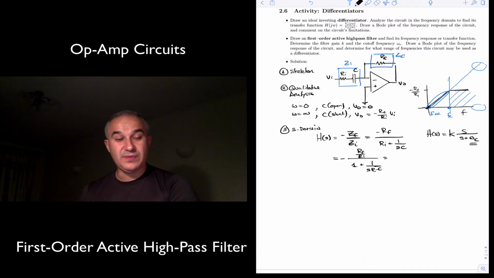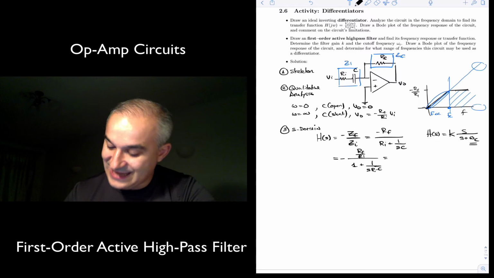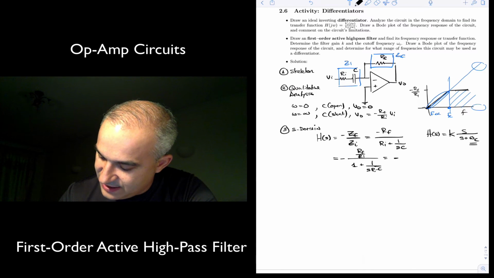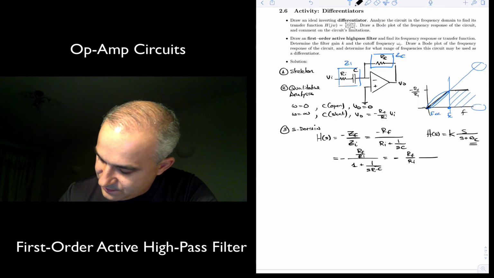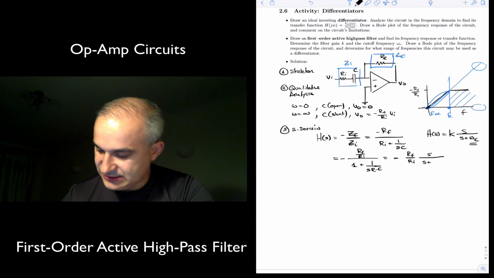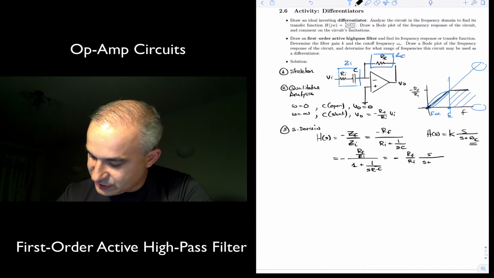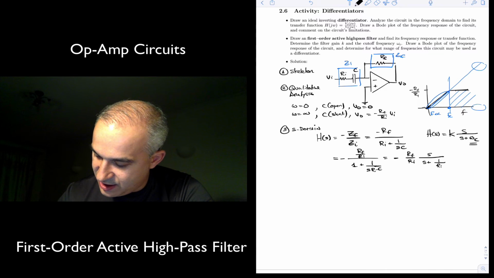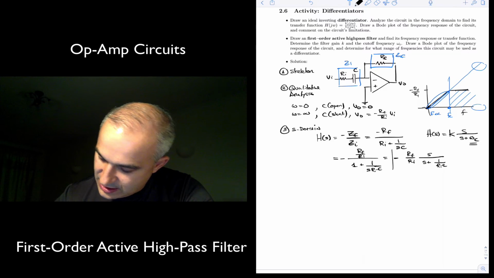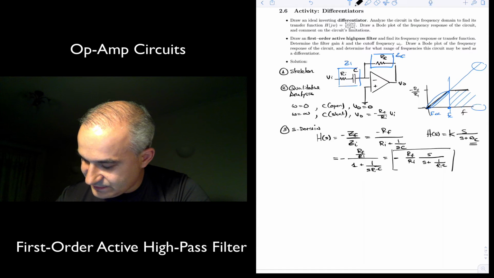And we are going to multiply numerator and denominator times s. And so what do we get? Minus Rf over Ri, times s, over s plus, and s is going to cancel, so you get 1 over RiC. And with that we have a transfer function.